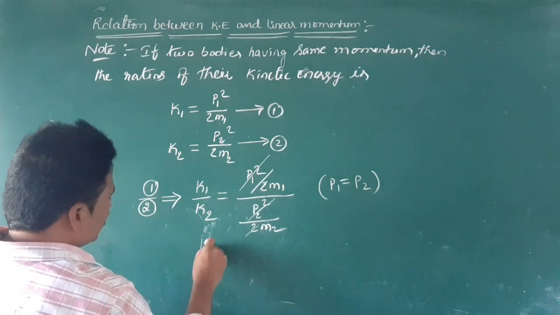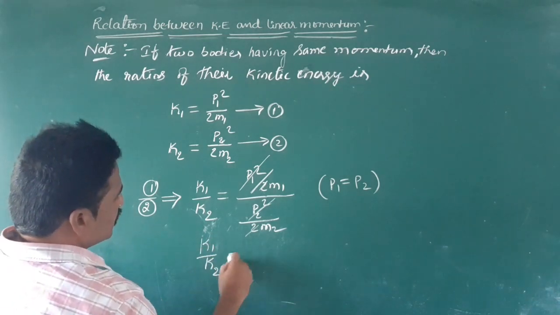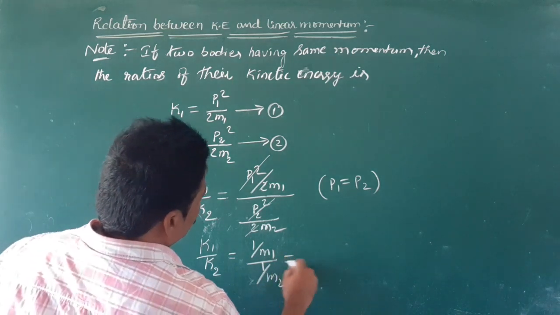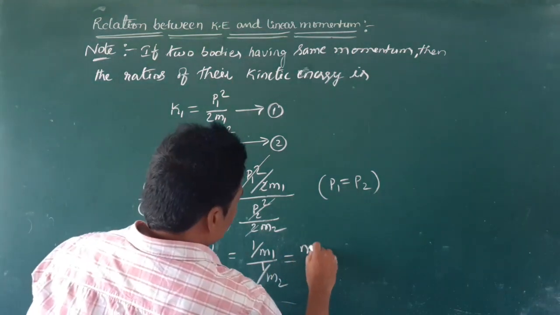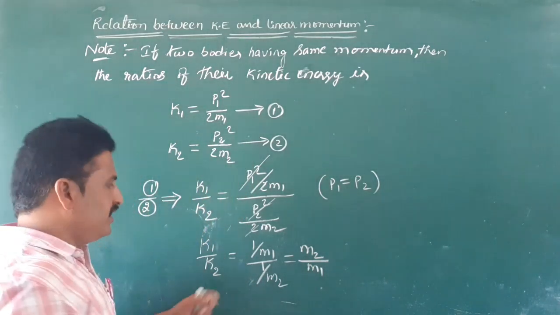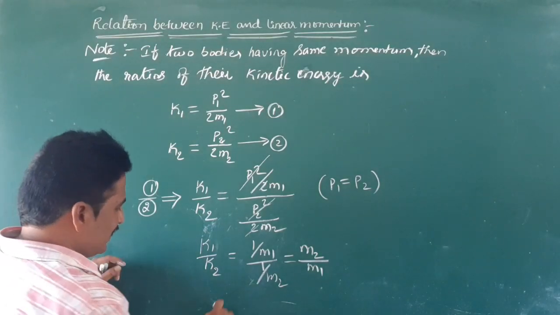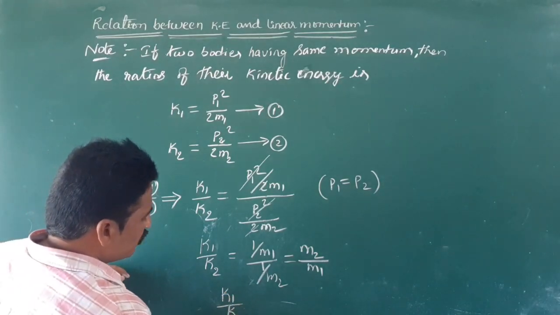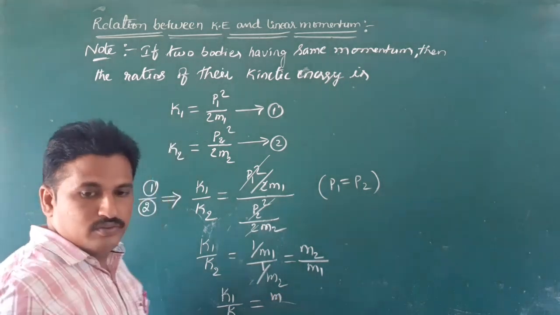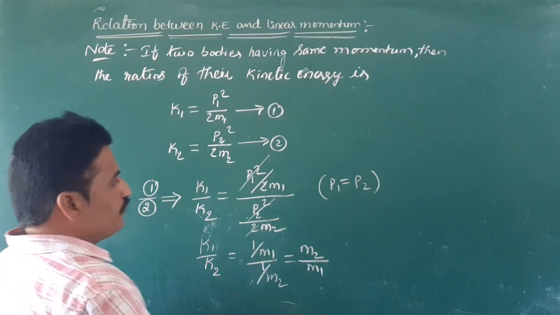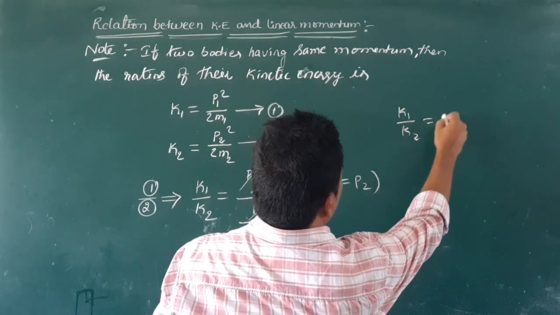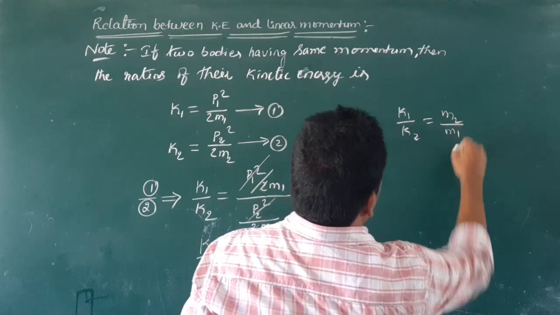That means K1 by K2 is equal to 1 by m1 divided by 1 by m2, which is equal to m2 by m1, students. So K1 by K2 is equal to m2 by m1.